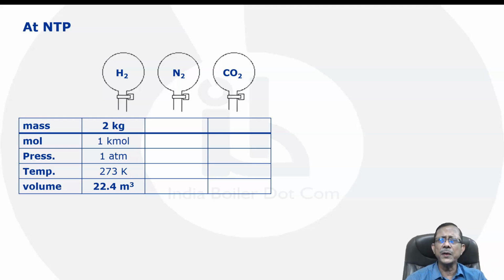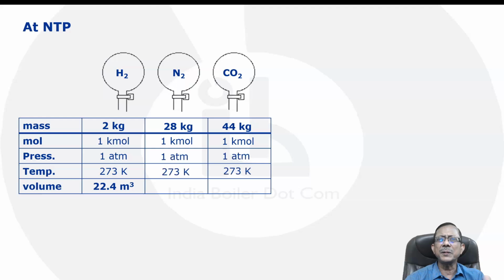We have discussed NTP in BOE: 273 Kelvin and 1 standard atmospheric pressure, that is 101.3 kilopascal. Now at the same NTP, if we measure 28 kg of nitrogen and 44 kg of CO2, what is the similarity between 28 kg of nitrogen, 44 kg of CO2 and 2 kg of hydrogen? All three are the molar mass of these gases, so the number of molecules is 1 kilomole.